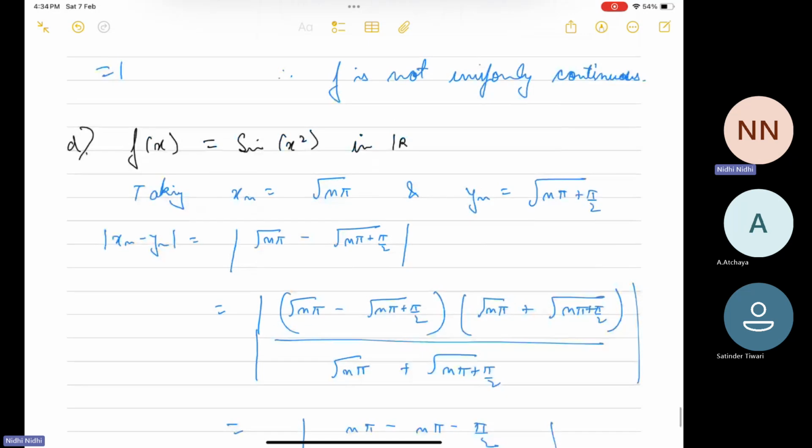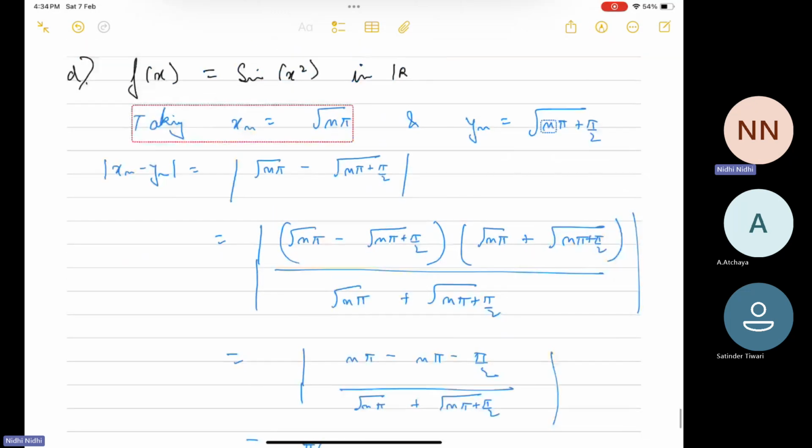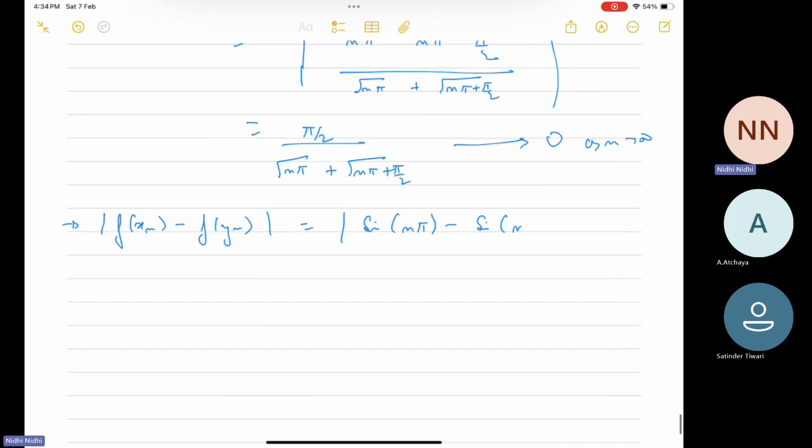Xn is root n pi, so xn square will be n pi, minus sine of n pi plus pi by 2. Since sine n pi is 0 and sine n pi plus pi by 2 is minus 1 to the power n, this will be mod of 0 minus minus 1 to the power n, which is always 1, which will eventually converge to 1, which is not equal to 0.